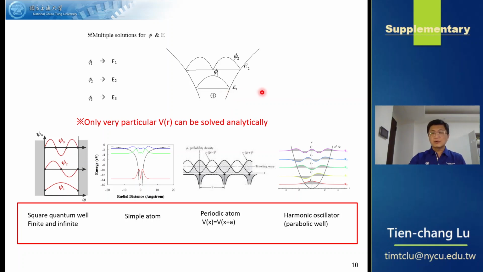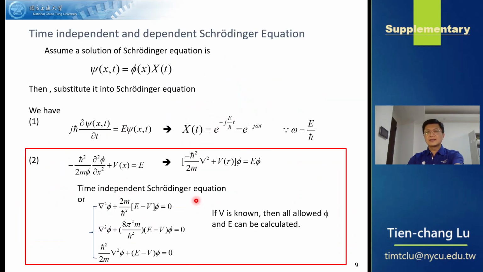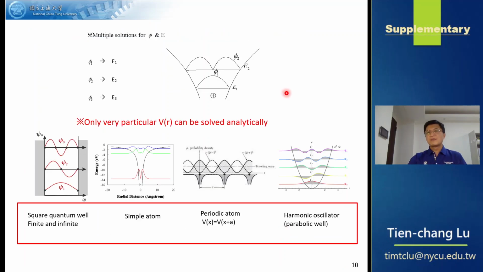And one thing you should know, which is very important: although the Schrödinger equation looks pretty simple, and as described here, once you know the potential energy we are able to calculate all allowed wave functions and their corresponding eigenenergies E, as a matter of fact only very few potential energy systems allow us to solve the problem analytically.